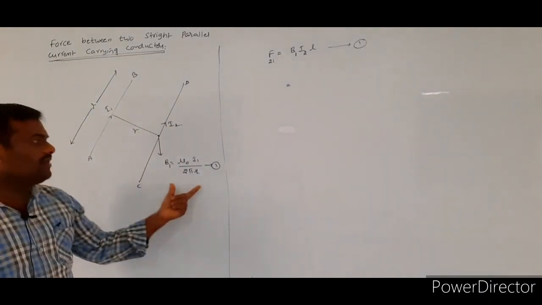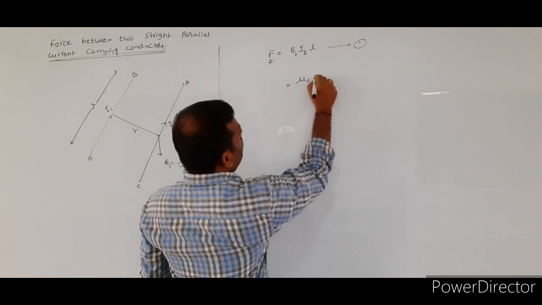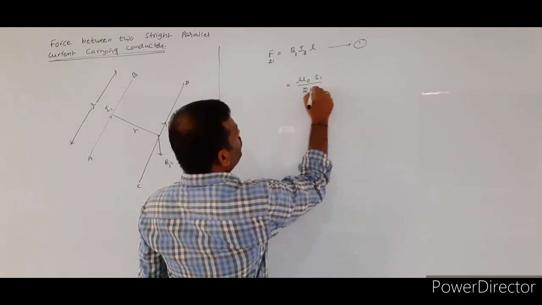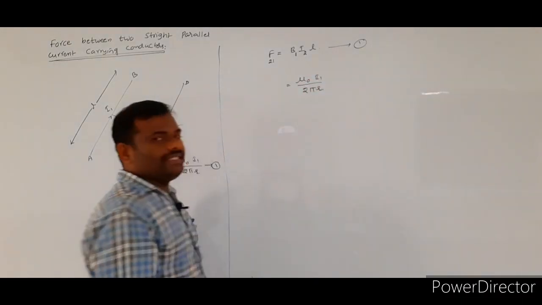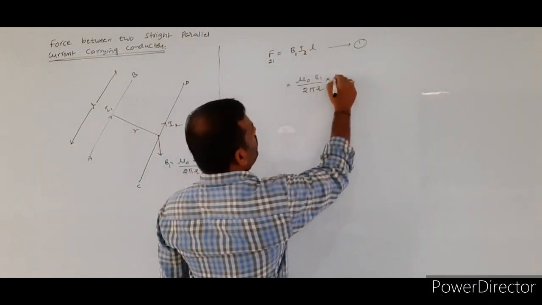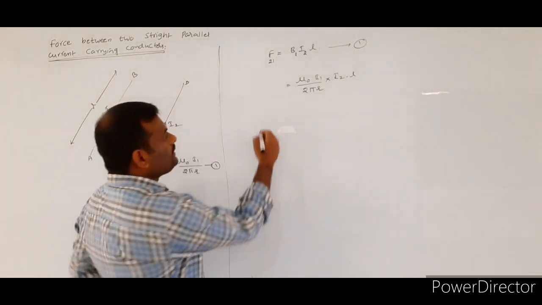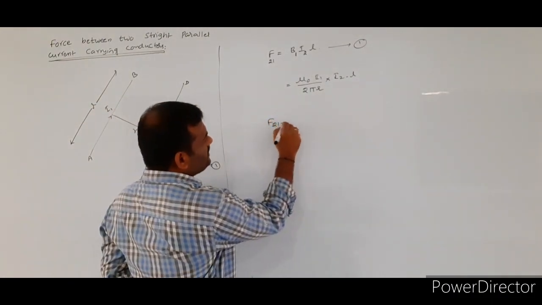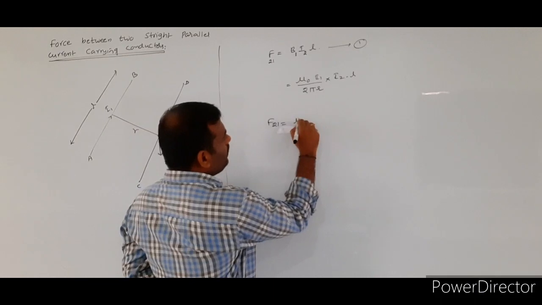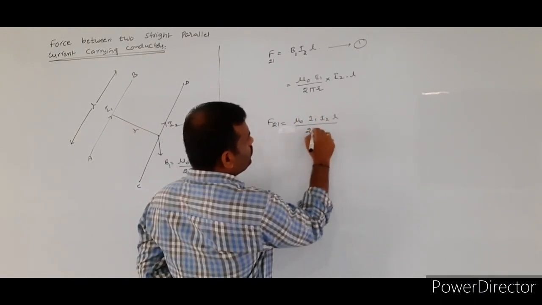So substitute the value of B1 here. What is the value of B1? B1 is equal to mu naught I1 by 2 pi r. So F21 is mu naught I1 by 2 pi r into I2 into L. So the magnitude of the force F21 is given by mu naught I1 I2 L by 2 pi r.